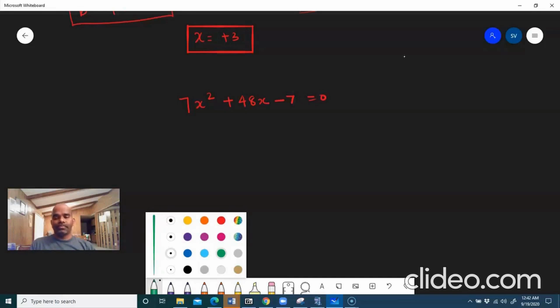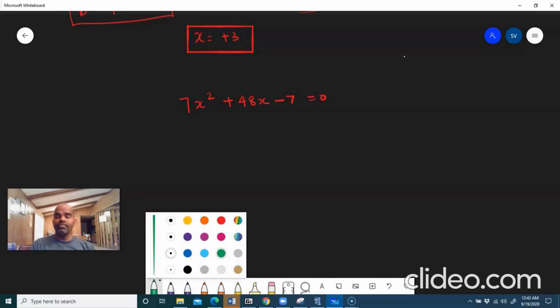In the previous problem that I explained, we divided all the terms of the given expression with a common number to make the coefficient of the second degree term 1. Here also we can try that, but there is nothing common between 7 and 48. So we need to look for another method or another way to solve this problem.